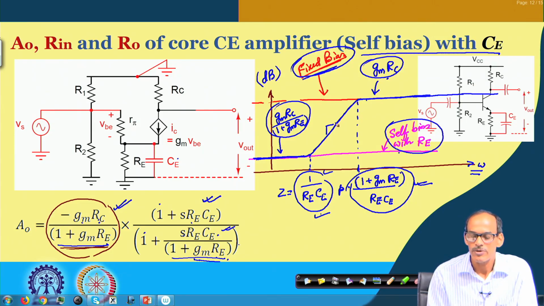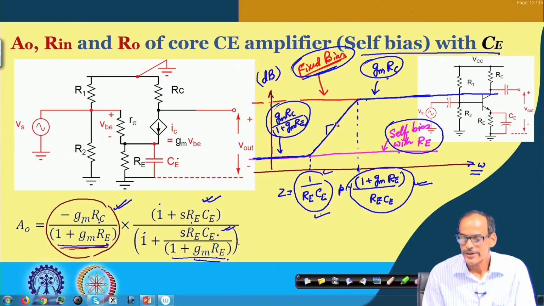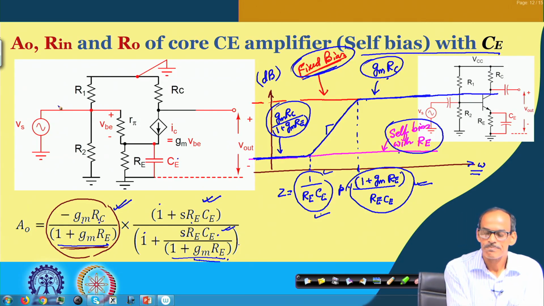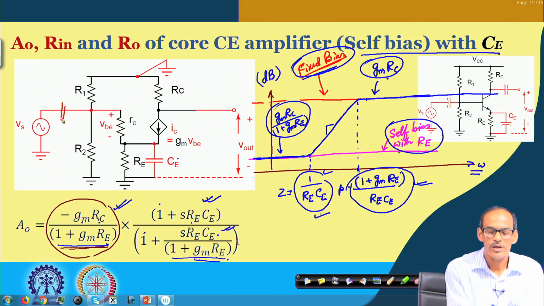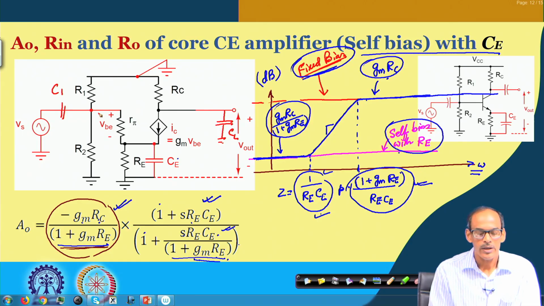And of course, this will appear in the frequency response. In addition, if I consider the coupling capacitor here and the C_L here, their corresponding effect is obtained by considering the high pass behavior coming from C1 and R_in, and the low pass behavior coming from R_O and C_L.